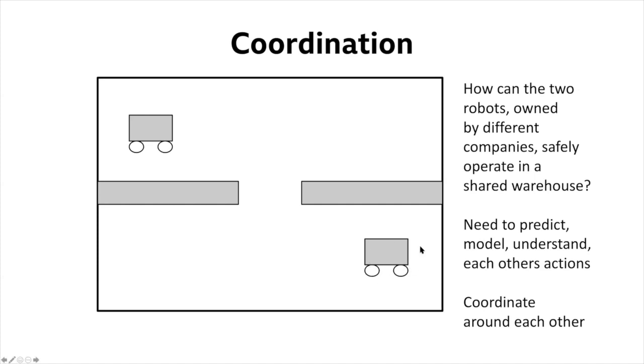So if this robot stays in this location here, then he prevents this robot from achieving his goal. That's a negative coordination relationship. Other types of negative coordination relationships would include, for example, hindering relationships, where one robot does something which hinders another robot from achieving their goals.